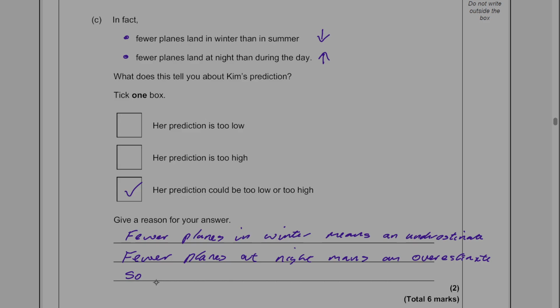So the prediction could be too high or too low.